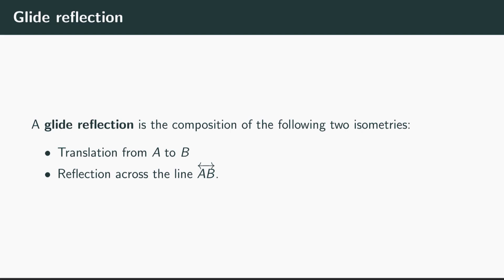So we compose these two isometries, the translation and the reflection across the line AB. The interesting thing is the translation has a vector from A to B, and then we also use that same line for our reflection.